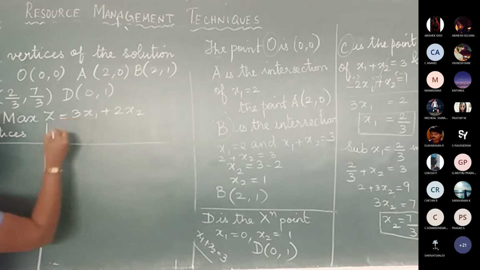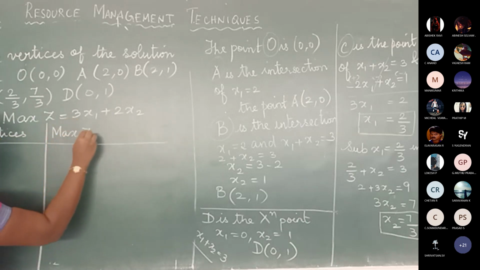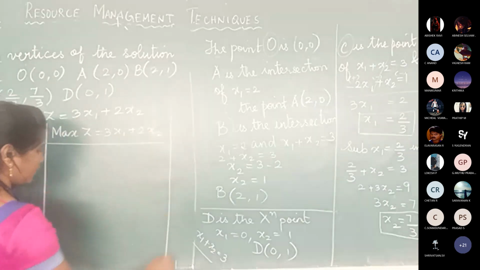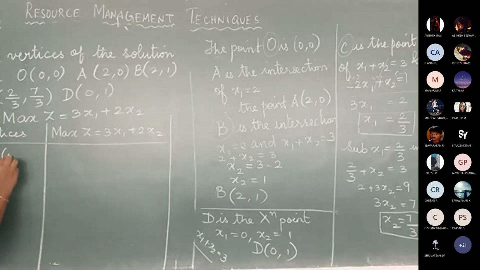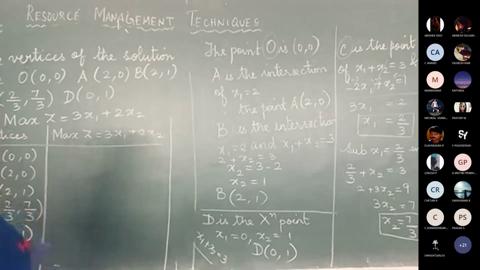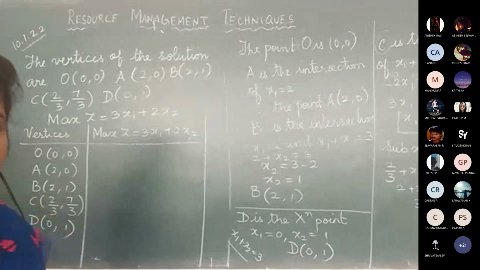Your points are origin 0, 0, then A 2, 0, B 2, 1, C 2 by 3, 7 by 3, and then D 0, 1.